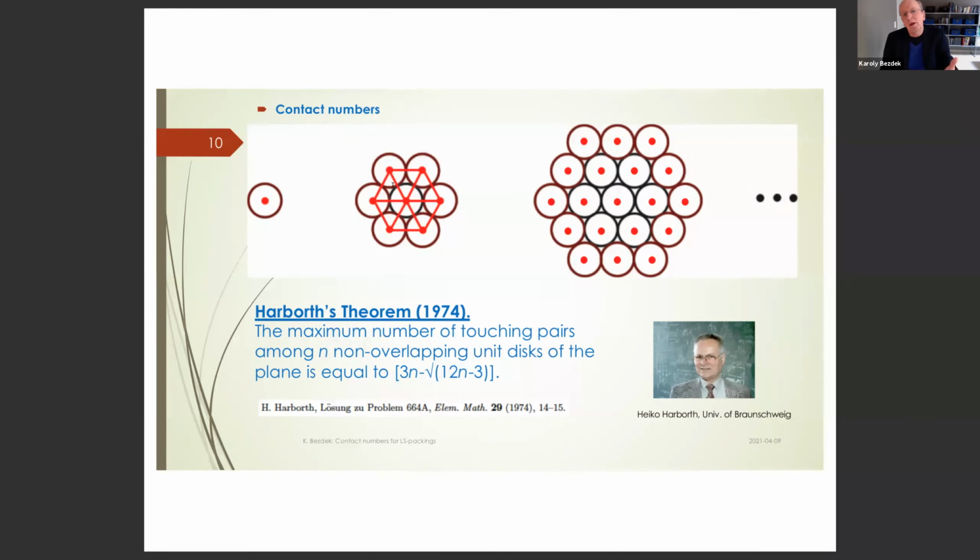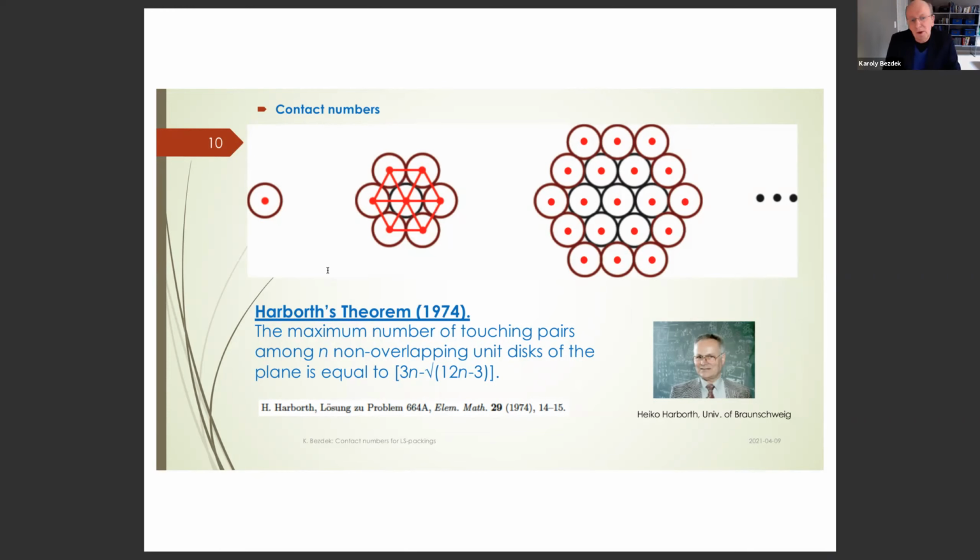The diagram here shows a very simple contact graph of the kissing configuration of the unit disk in the middle. And the contact graph is a nice graph where the faces are regular triangles, 6 of them. And as we increase the number of unit disks, the problem becomes harder.